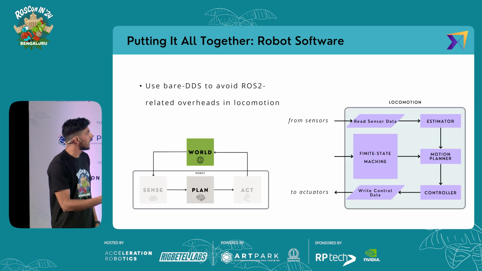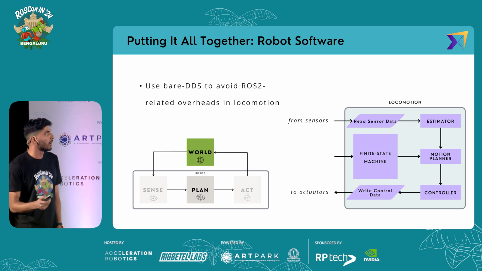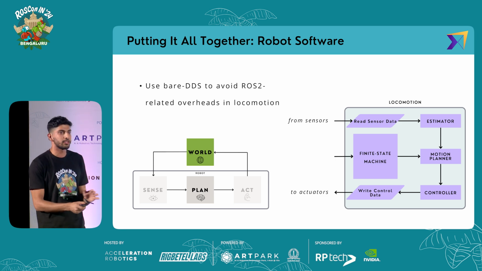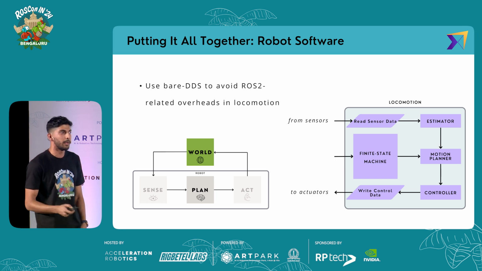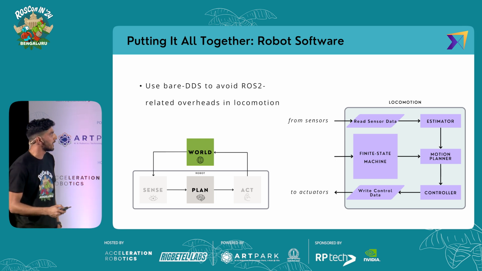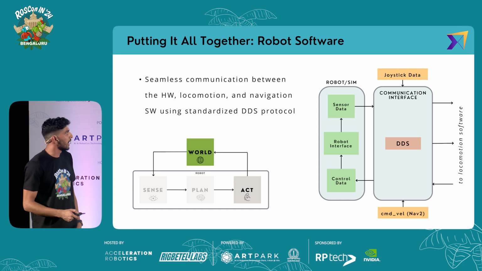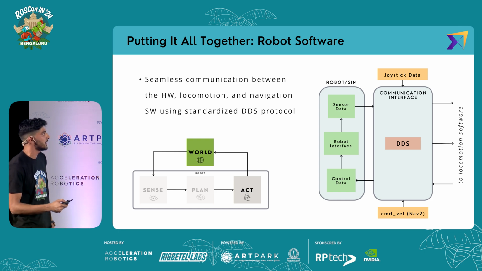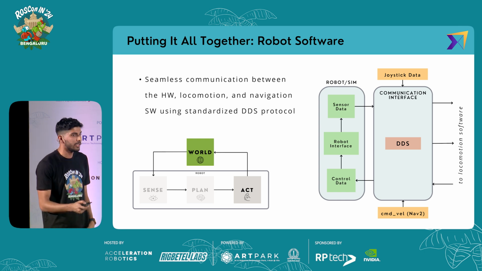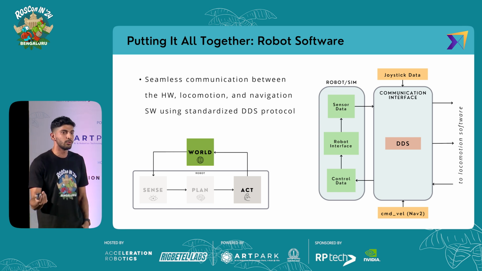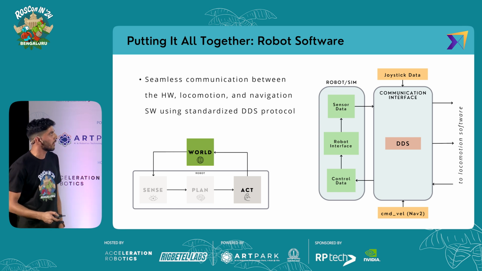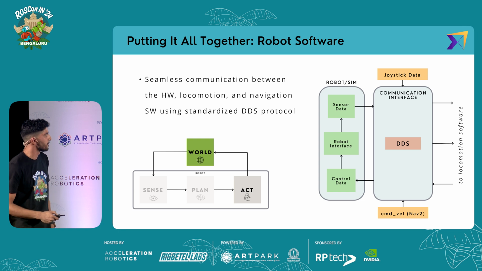In the locomotion block, as I mentioned, we are avoiding the ROS2 related overheads and just going with bare bone DDS, and that is working fine for us. And finally, the communication interface that we have designed allows us to seamlessly operate between the ROS2 of the navigation block and the DDS of the locomotion block.